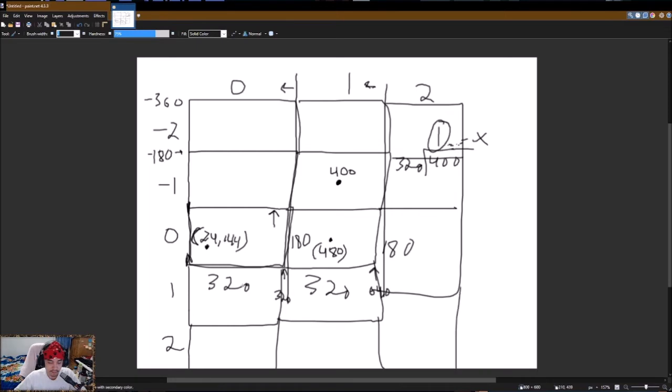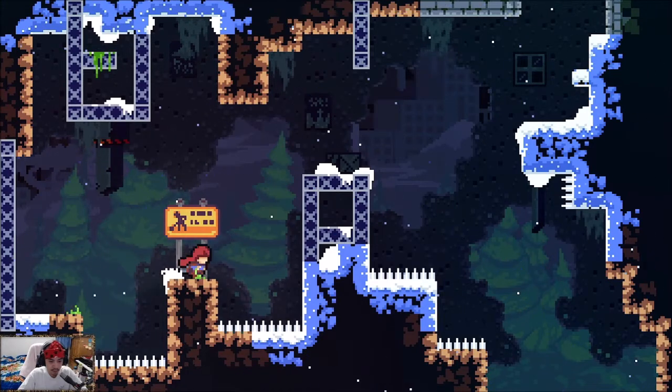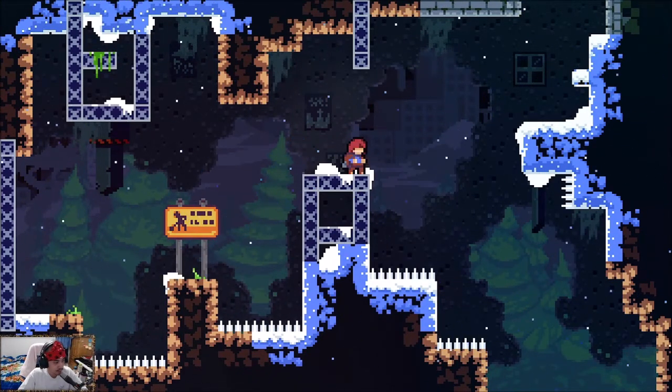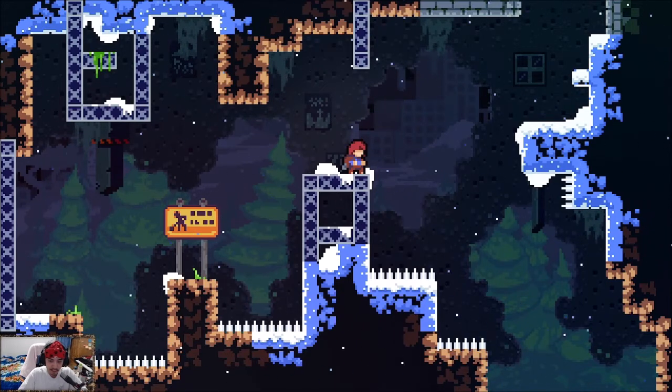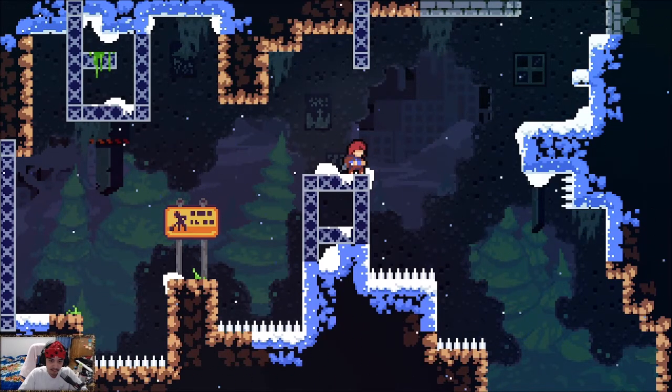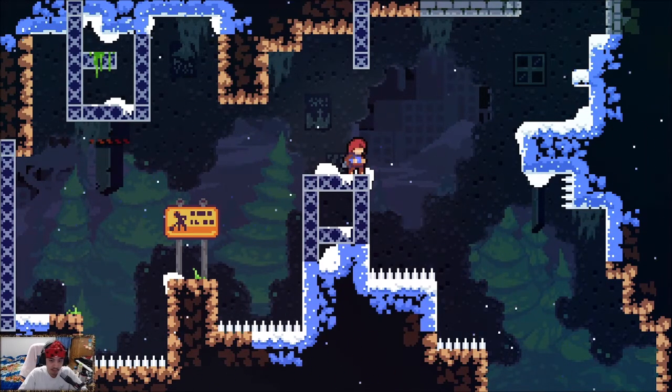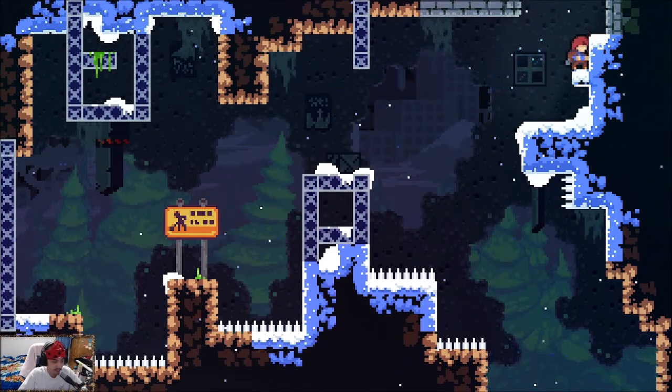And then I would multiply these values by 320 or 180, depending on if it's the X or Y axis, and I would get the walls for those screens. But man, oh man, was that a wrong assumption to have. As soon as I left the first screen, I realized my mistake.